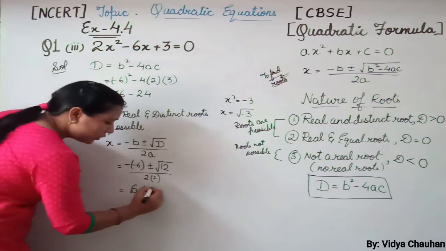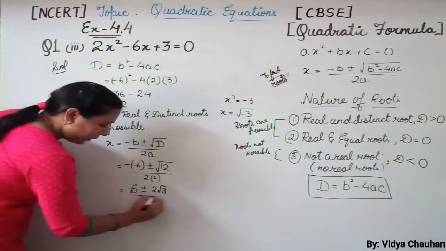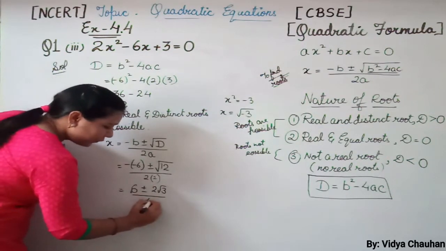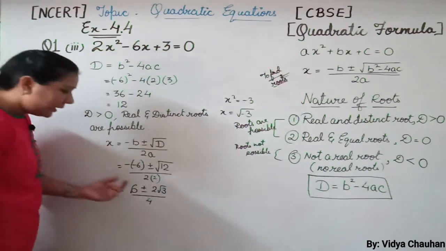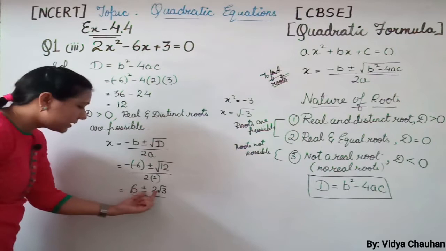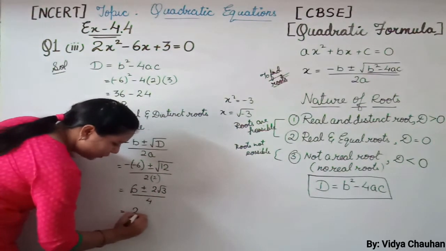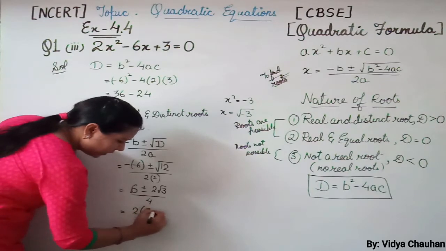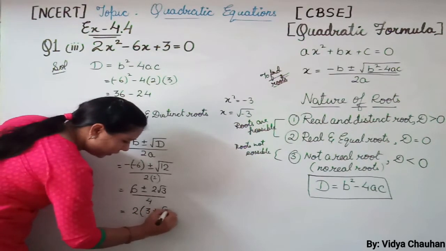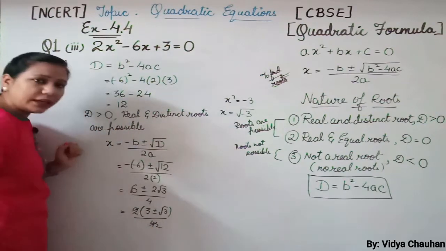So can we write root 12 as 2 root 3, because 2 twos are 4? Clear? Is anything common? Let's check. Yes, between 6 and 2 root 3 we can take 2 common. So our next step becomes 2 common, and we are left with 3 plus minus root 3 upon 4. Simplifying, you'll get 2.